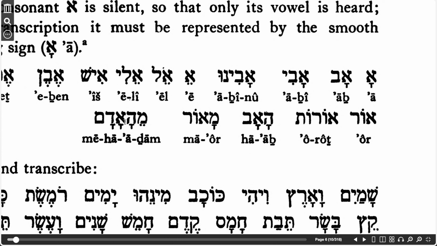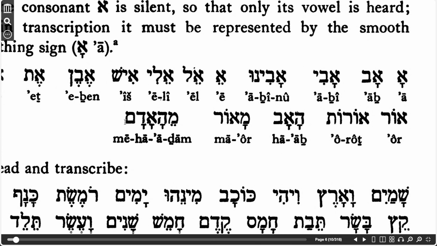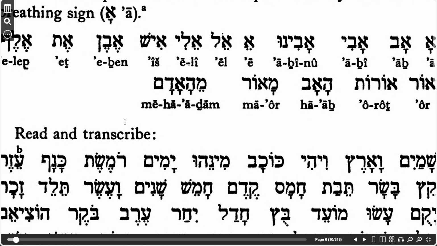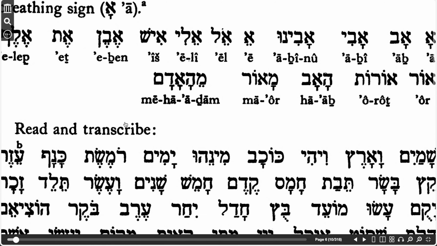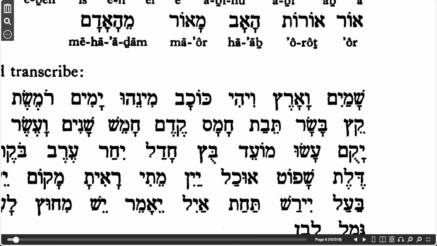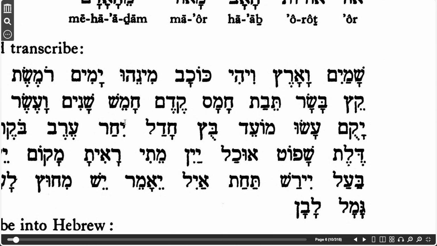This is just how the Hebrews spoke. So you want to be aware of that. Now, what you have here is some sample exercises that you can work through. Here are some Hebrew words. And so what he wants you to do here is take the Hebrew word and write the English transliteration of it. Okay?